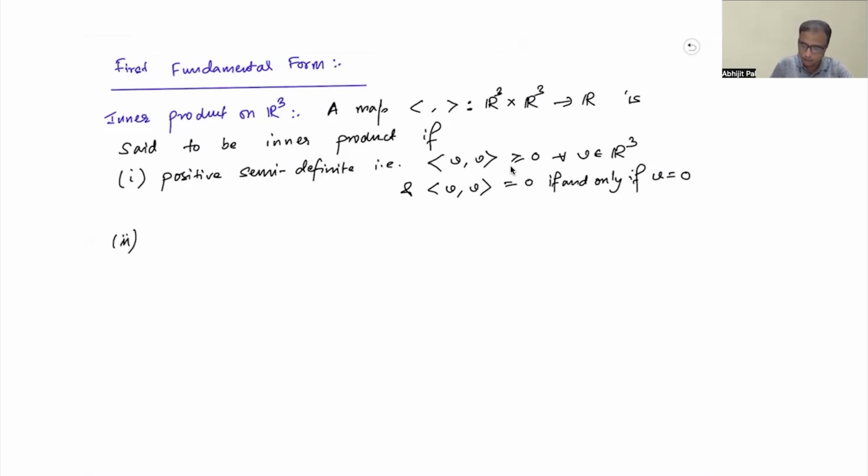Second, this map is symmetric, that is, the inner product of U, B is equal to the inner product of B, U for all vectors U, B in R3. And the third is that it is linear in the first coordinate.